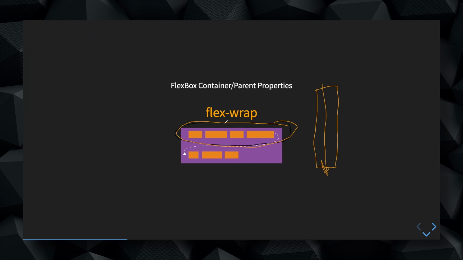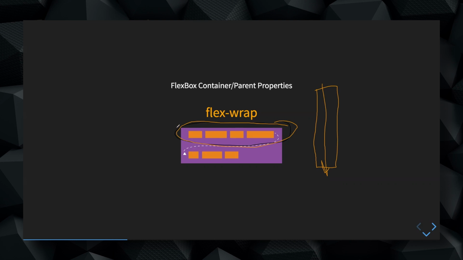Now, when on this single line we have elements that take up too much space and they cannot fit in this single line, we have this property called flex wrap, which automatically places the items that cannot fit inside this limited area on the space below the first line.